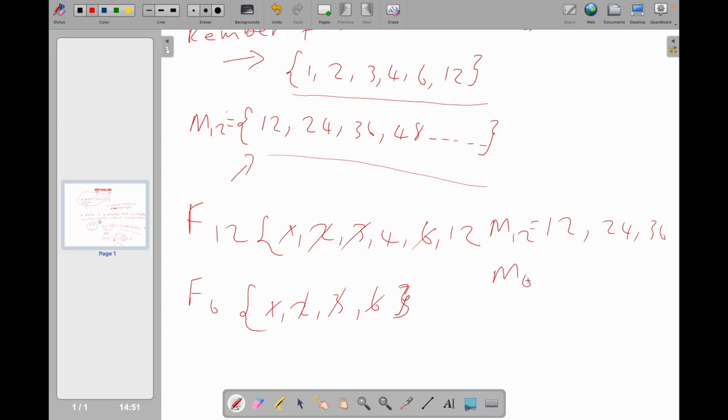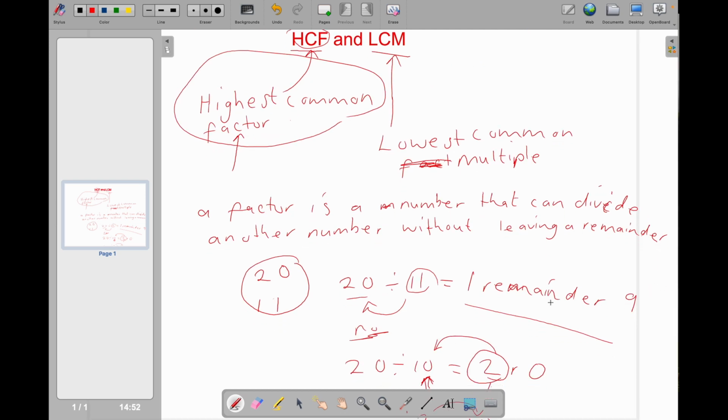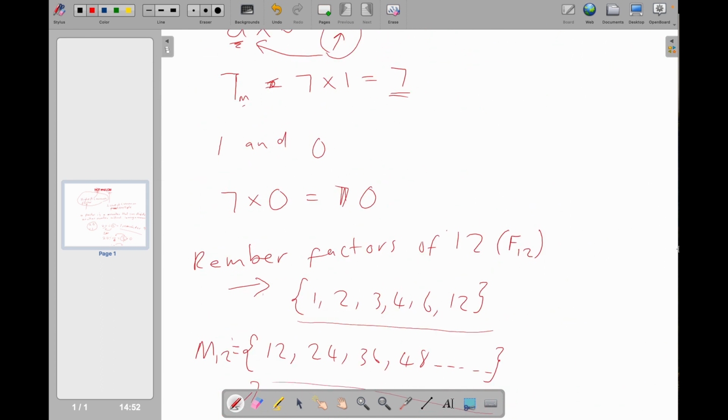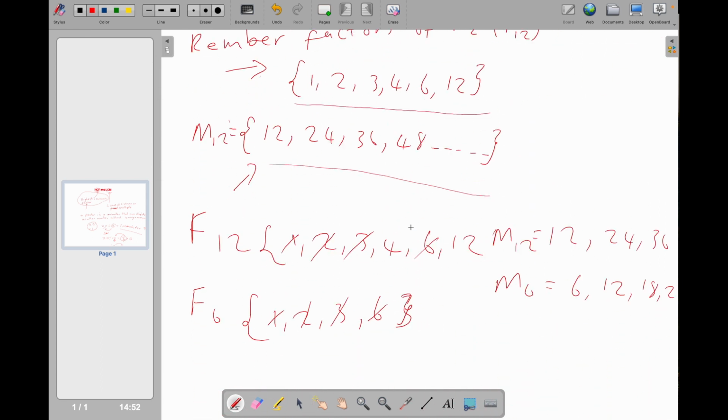And the multiples of 6, we have 6, 12, 18, 24. So we have some common multiples here, 12 and 12, and here 24 and 24. So those are common multiples.